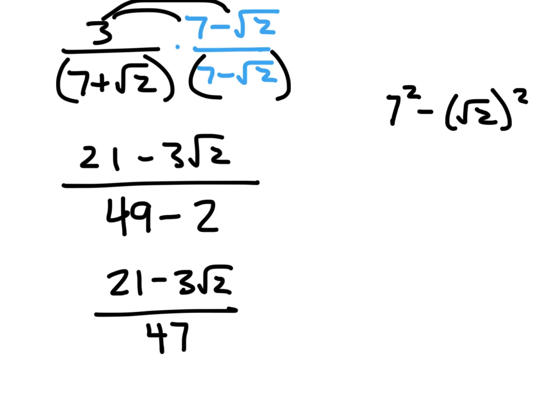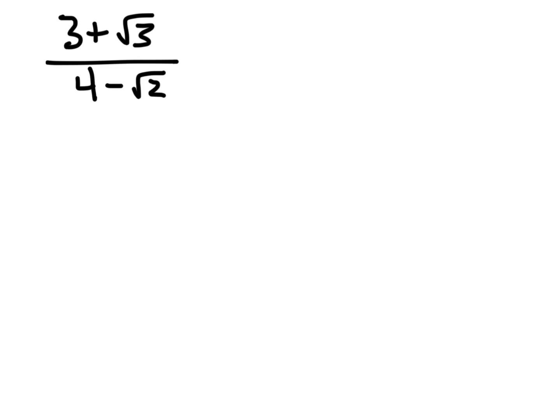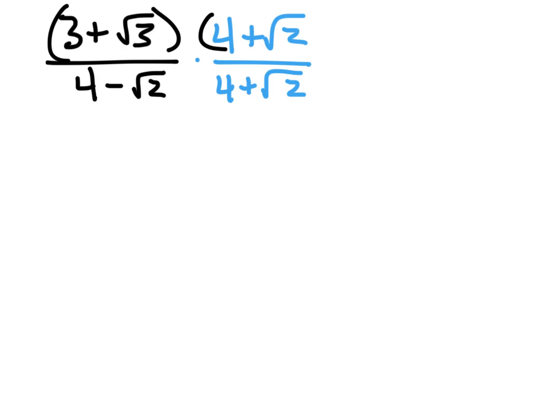These aren't all divisible by any number, so this is as far as I can go. All right, for our last example, let's try 3 plus the square root of 3 over 4 minus the square root of 2. So I'm going to multiply by 4 plus the square root of 2. In the numerator, we're going to have to FOIL these.